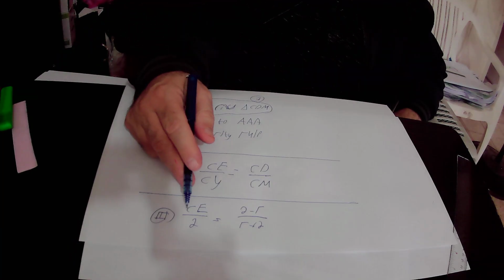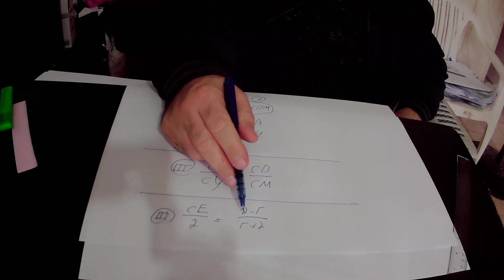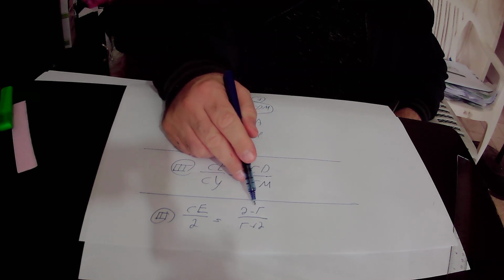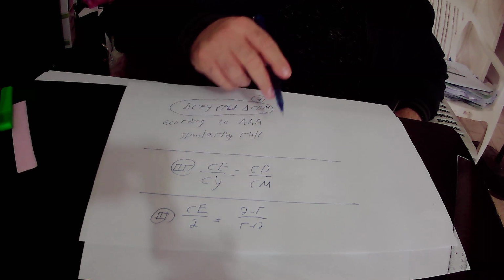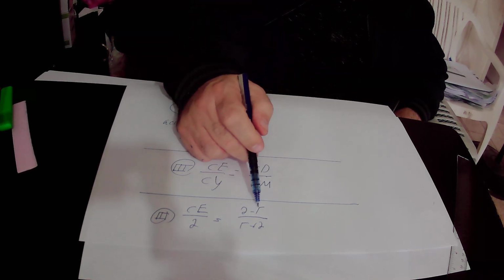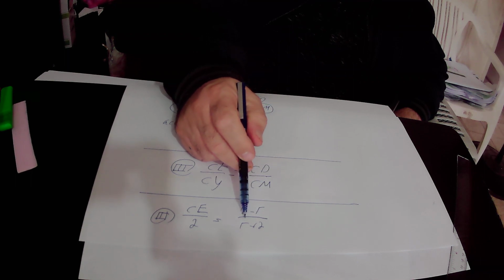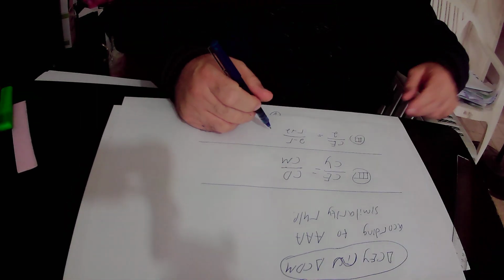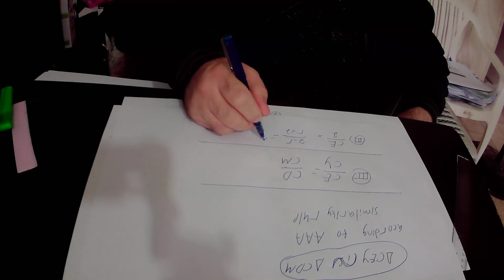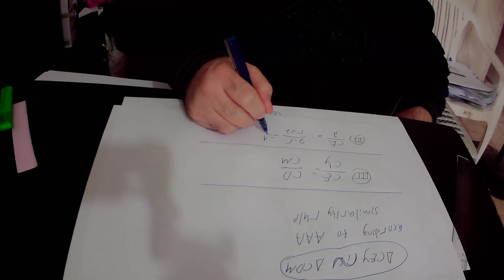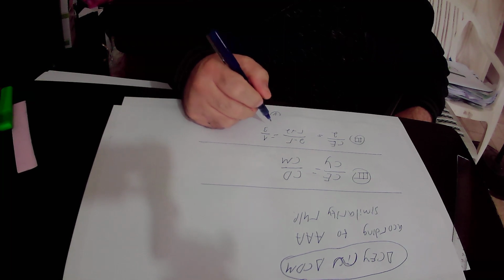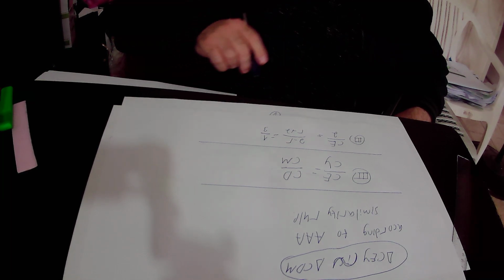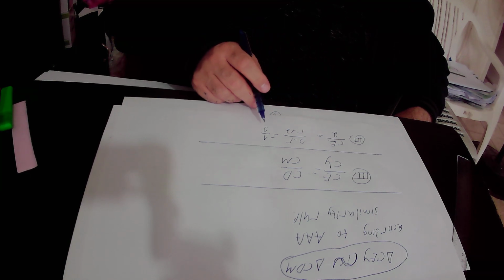So in total, we got that CE over 2 equals 2 minus R over R plus 2. But we have already found out that R equals 1 unit. So 2 minus R is 1, and R plus 2 is 1 plus 2, that is 3. So in total we got that CE over 2 equals 1 over 3.